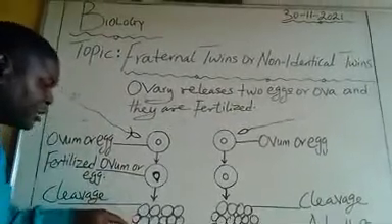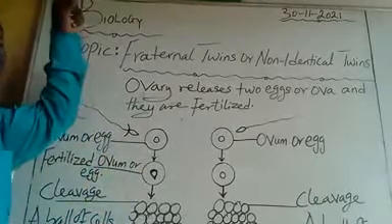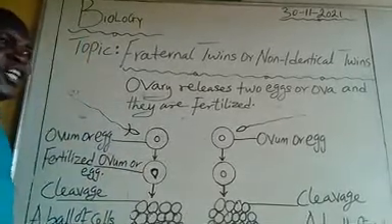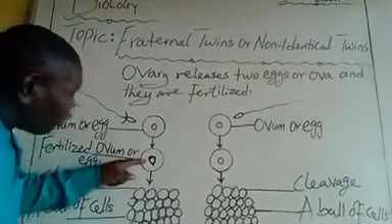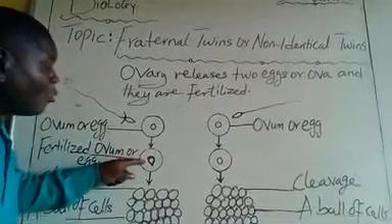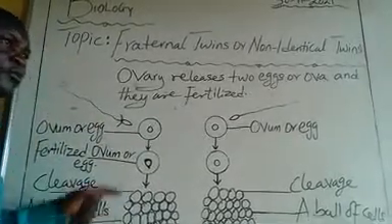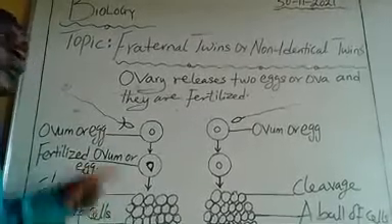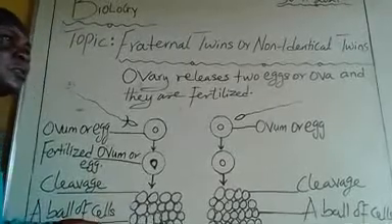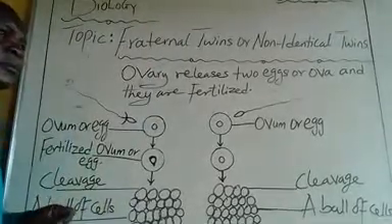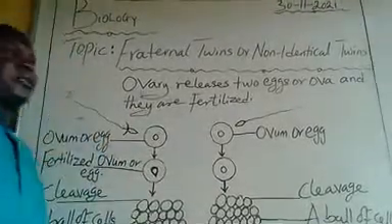The progression here is geometric in nature. The fertilized ovum or egg will split into two, from 2 to 4, from 4 to 8, from 8 to 16, from 16 to 32, etc. The progression here is geometric.